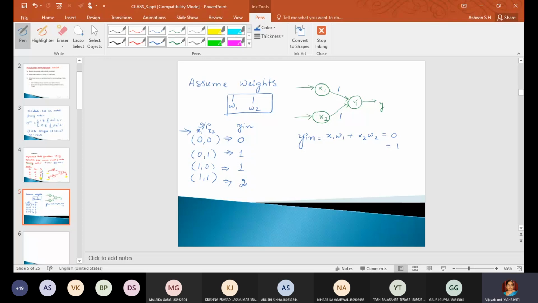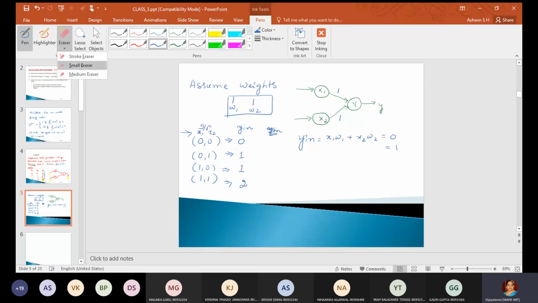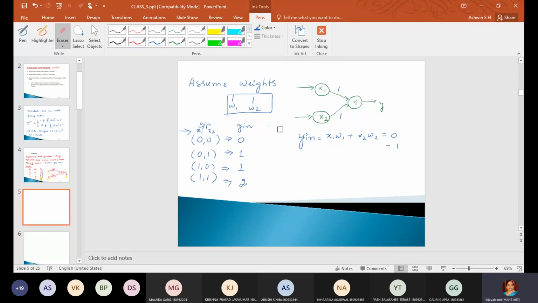And we know the target, if you just recall from the previous slide. So what is the target? The target is y, we have got 0 0 0 1. Just to compare this, this is the y in, assuming weights to be 1, and this is the target.